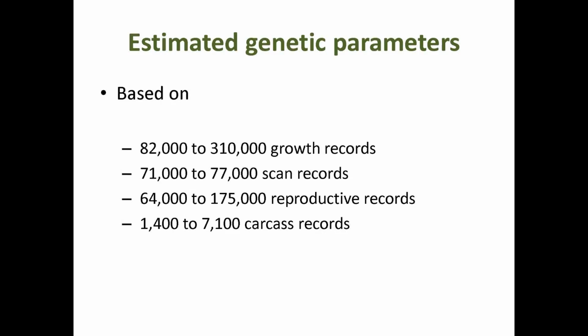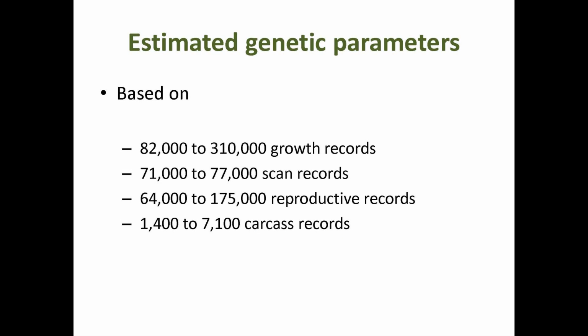And so the work that was done was based on Australian Angus data, and to give you some idea of the sorts of numbers of records that are being analysed, depending on what trait, you can see ranges there, but for growth records, it's somewhere between 80,000 and 300,000 records were used in the analysis to work out the genetic parameters.